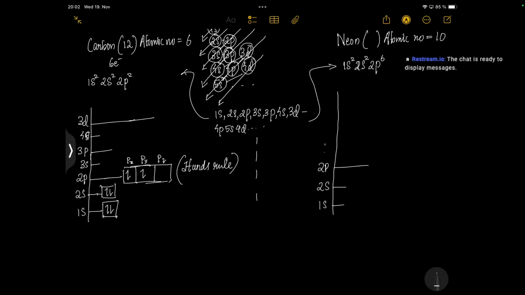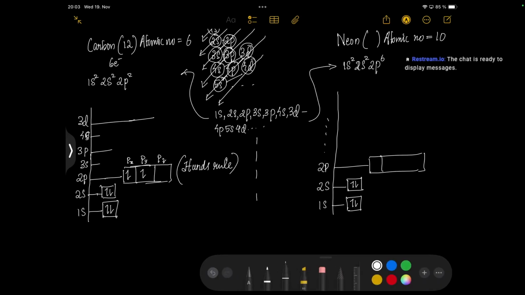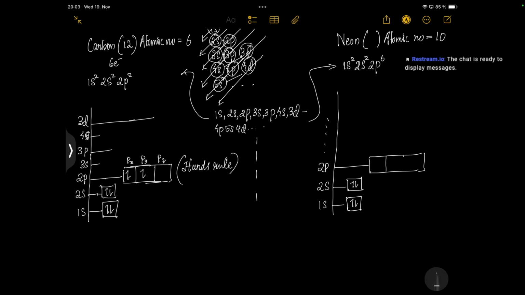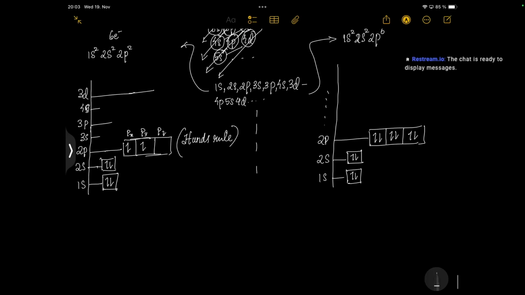The rest, just like the carbon, in the case of neon, two electrons paired, and one... 1, 2, 3. And this time we got all 6 of them. 1, 2, 3, 4, 5, 6.